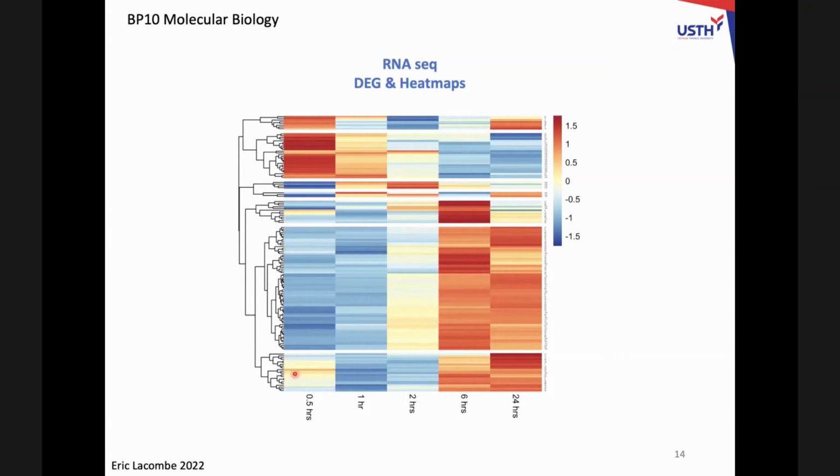You've got here this group of genes, all these genes are extremely induced very, very early after the stress, and then their expression completely drops down. Okay? Do you understand how to read this kind of data?